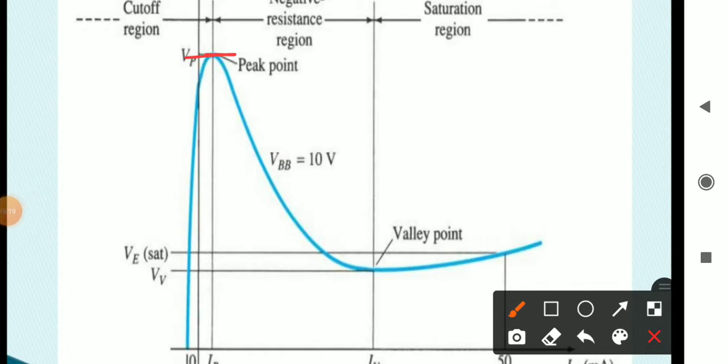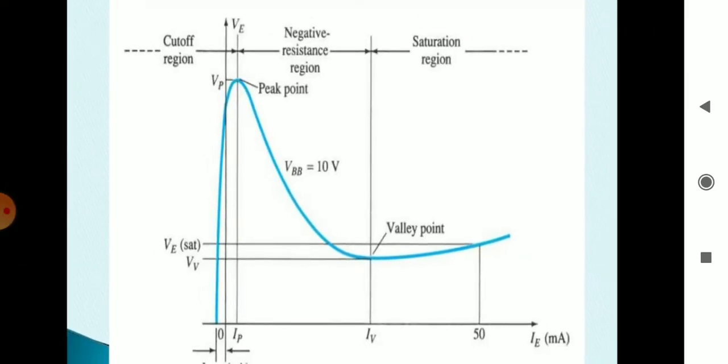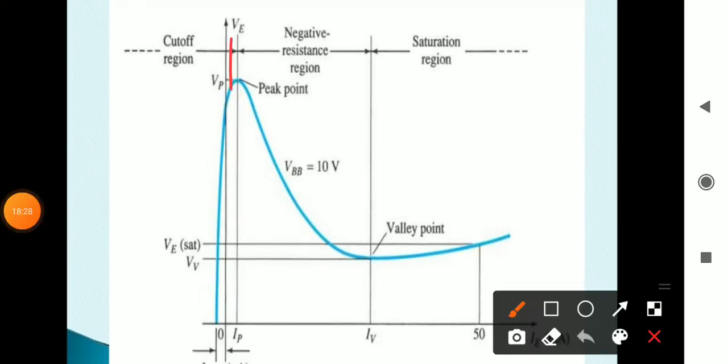If I keep on increasing the emitter voltage, in this graph, this is the positive voltage. If I show it over here as well as here, the emitter voltage is positive, in the first and second quadrant.